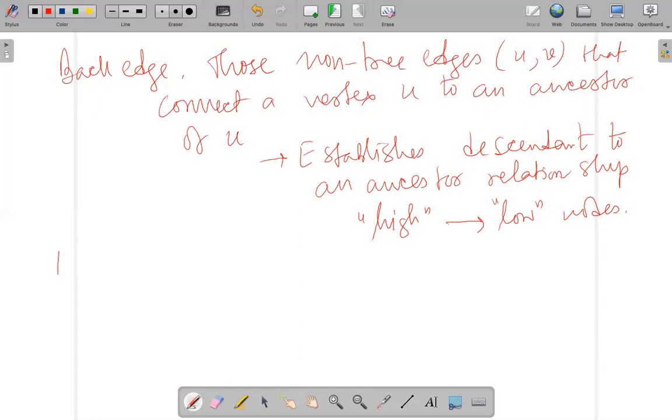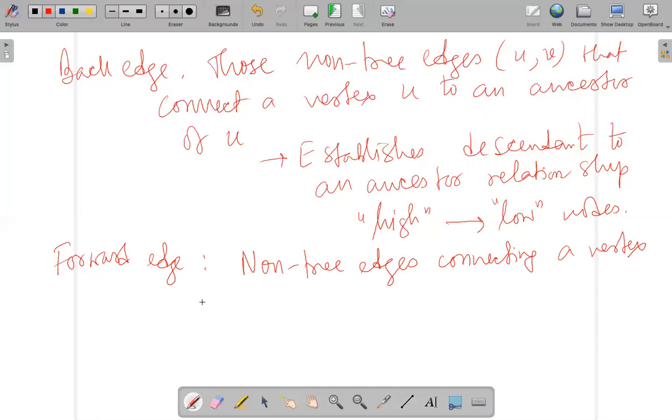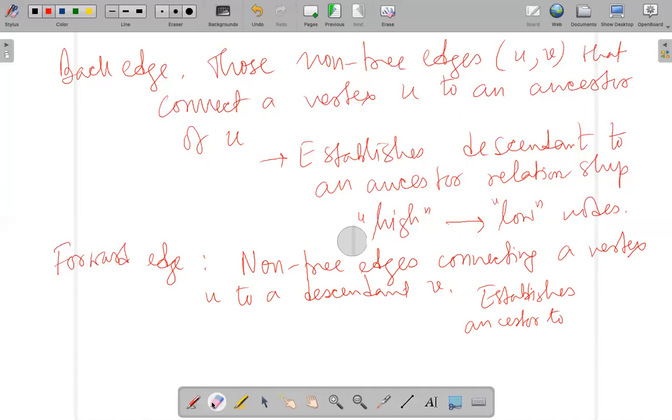The next in line is a forward edge. Non-tree edges connecting a vertex U to a descendant V. Again, they establish an ancestor to descendant relationship.